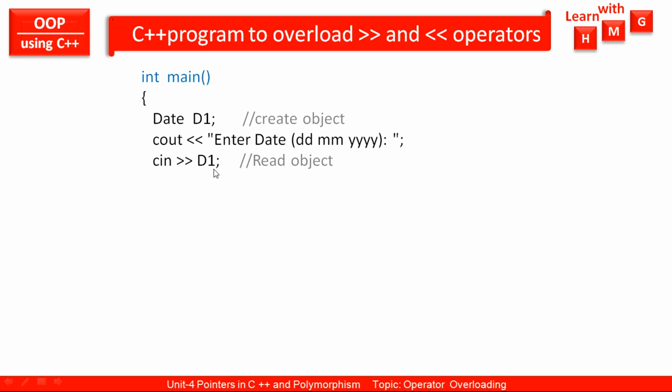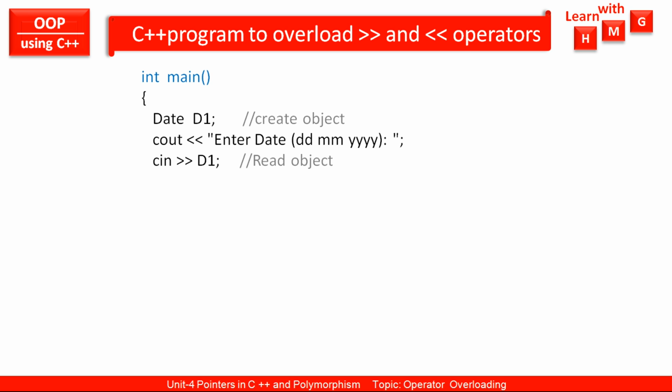So here generally we are accepting the value of variables, but here as this extraction operator is overloaded, as per the definition of operator overloading, an additional operation is assigned to this extraction operator. It will perform the operation on an object also.